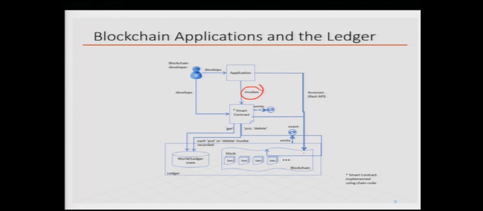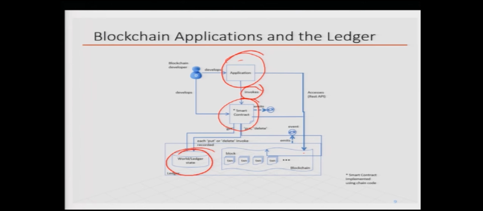And then the blockchain developer develops both the application and the individual smart contracts that together make the application work. And then there is a state of the ledger, which is a separate database, but everybody has a replica of the blockchain and this state information at all the different nodes.